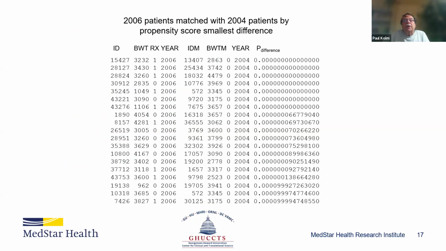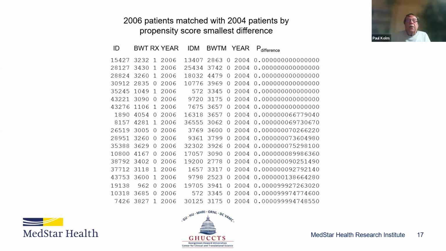In fact, they're virtually the same. As you go on down the list, you can see that some of the propensity scores are still quite similar, although they're getting to be more and more different.